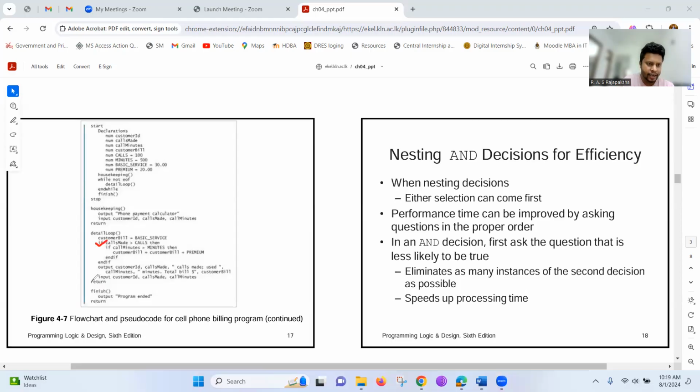You are starting an if here, you are ending it here, and in between, in a nested structure, you have another if. That means you are asking two questions and you are going to use that answer for your first decision.